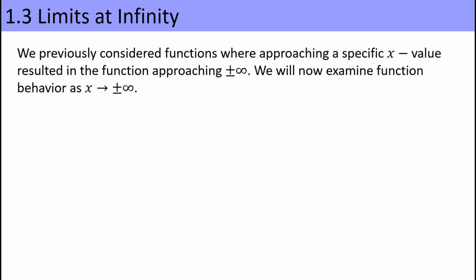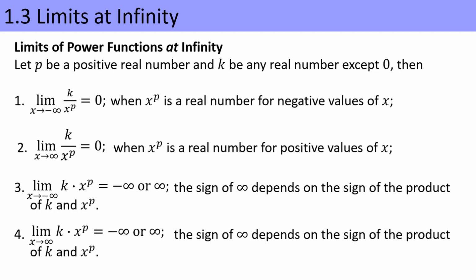We previously considered functions where approaching a specific x value resulted in the function approaching positive or negative infinity. We will now examine function behavior as x approaches positive or negative infinity. Limits of power functions at infinity. Let p be a positive real number and k be any real number except 0.